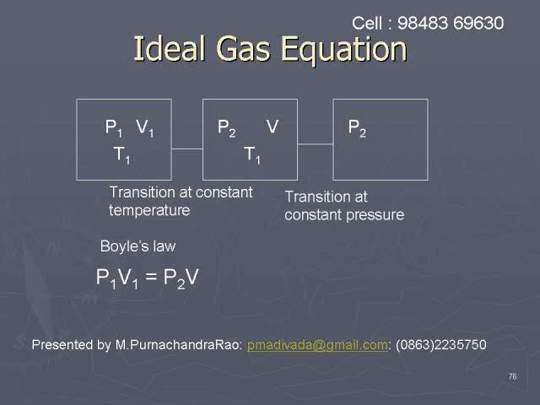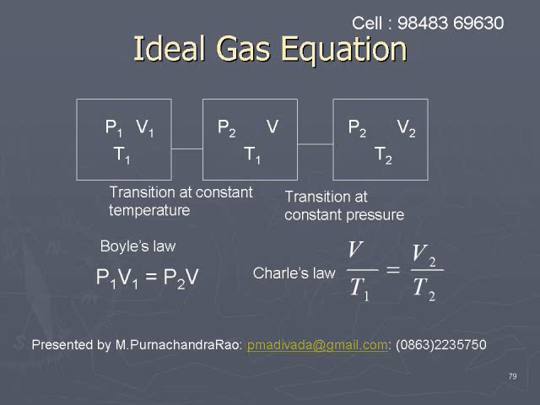Now, let us take the next transition, from P2 V T1 to P2 V2 T2. That means, let us suppose the pressure is kept constant at P2 and the temperature is increased from T1 to T2. Then the volume changes from capital V to V2.